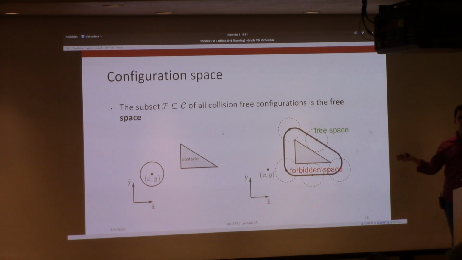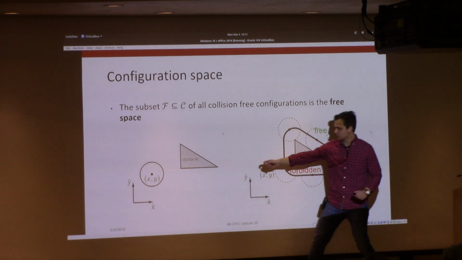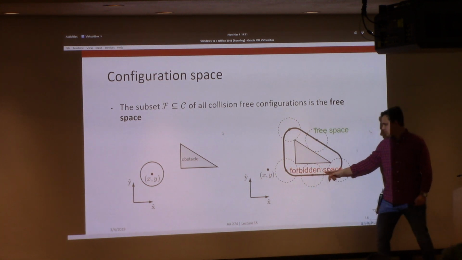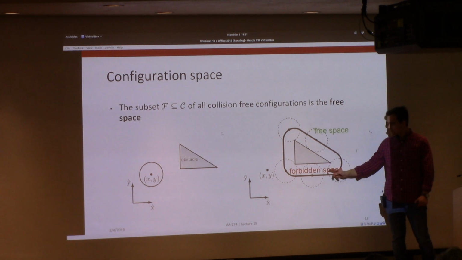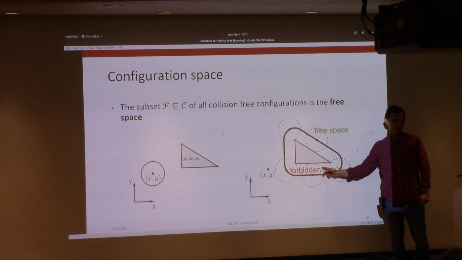What is the configuration space of the problem? It is the two-dimensional Euclidean plane. What is the free space of the problem? How would look all the configurations in which the robot is not in collision with the obstacle? Where are all those points? So again, this is the obstacle in the environment. What is this black curve? It is the set of all robot configurations in which the robot exactly touches the obstacle.